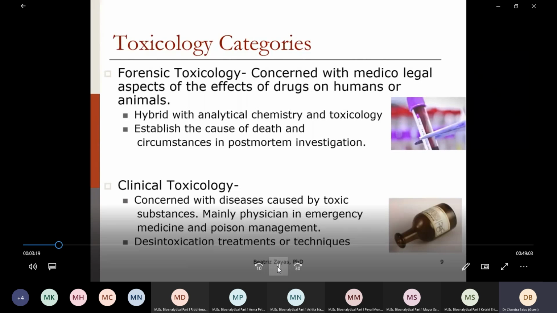Also, a very close science, clinical toxicology, that sometimes is confused. In this case, clinical toxicology is concerned with diseases caused by toxic substances, and it's mainly applied by physicians in emergency medicine and poison management. And the main contribution of clinical toxicology is to provide new detoxification treatments or techniques.